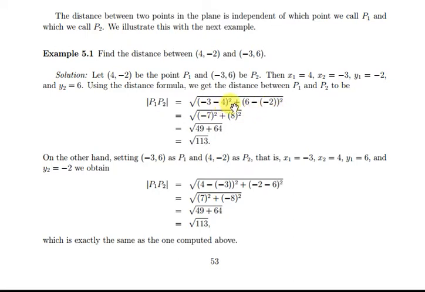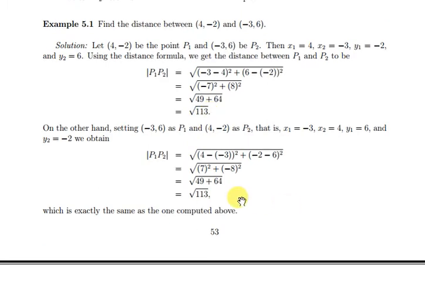It doesn't matter, class, where you start. Suppose this is your x sub 2, this is y sub 2, this is x sub 1, y sub 1. It always leads to the same answer, so it yields the same result as long as you assign them correctly.